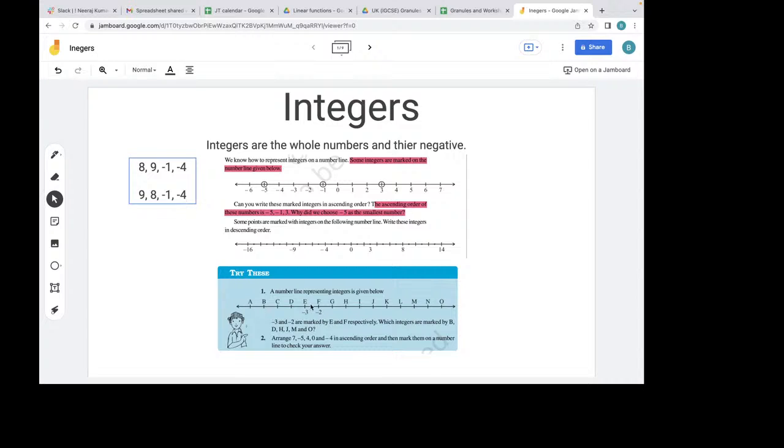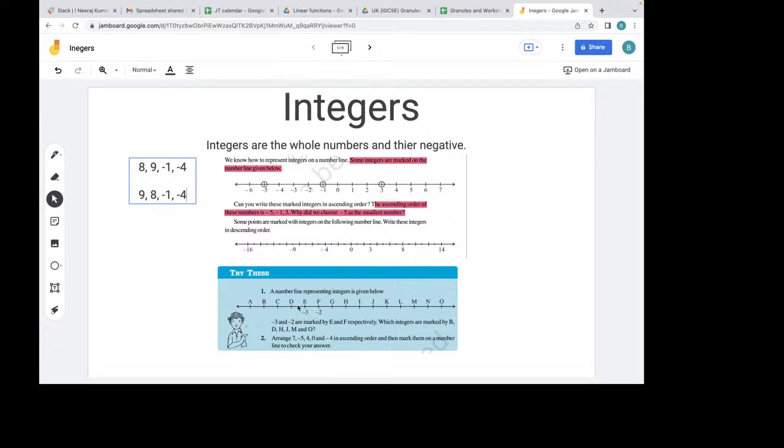In this we can see some alphabets, and we can see 2 integers. -3 and -2 are marked by E and F respectively. Which integers are marked by B, D, H, J, M and O? So they have marked 2 of the integers themselves, and we need to figure out which integers these other alphabets represent.